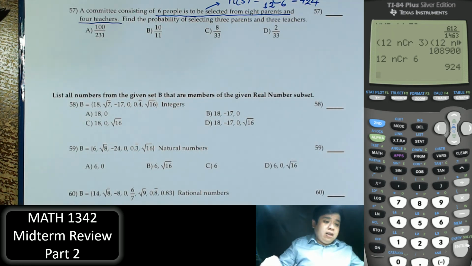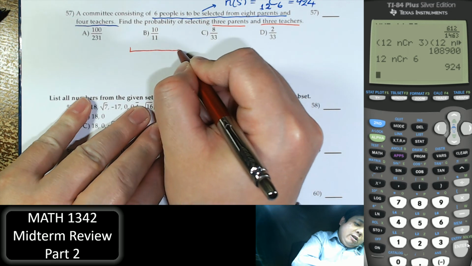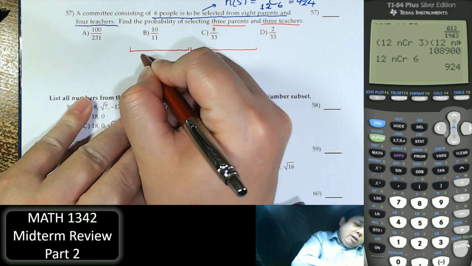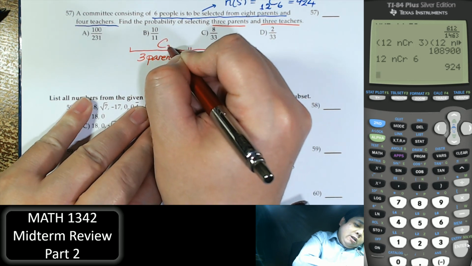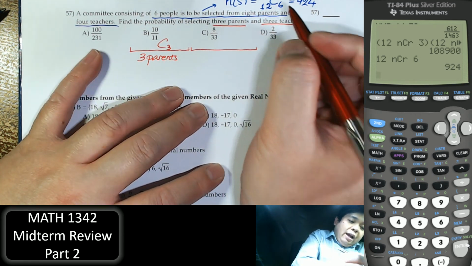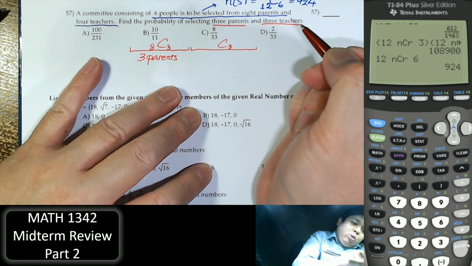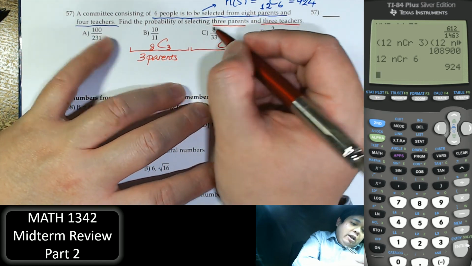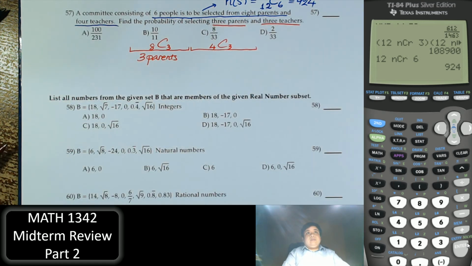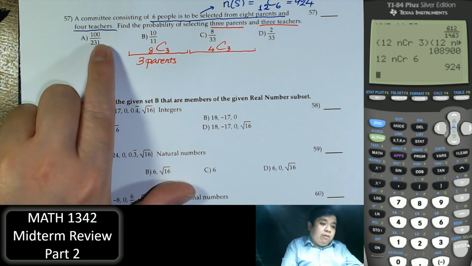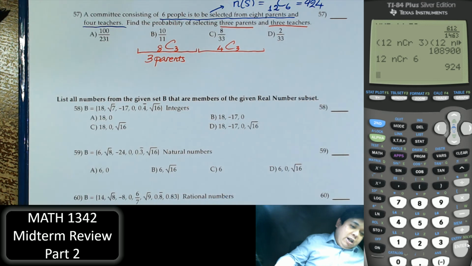So in this event, we want 3 parents and 3 teachers, right? 3 parents, and there are 8 parents, so we pick 3 out of 8, and then we pick 3 teachers out of 4. There are 4 teachers, and we do 3 out of 4, right? 3 parents, 3 teachers.